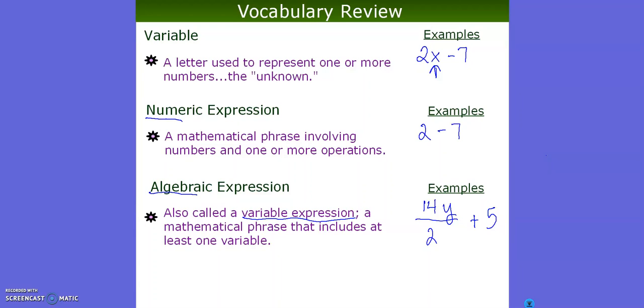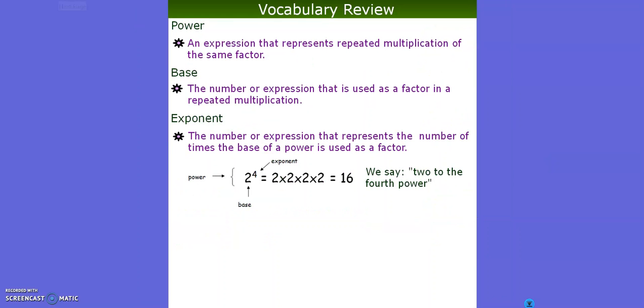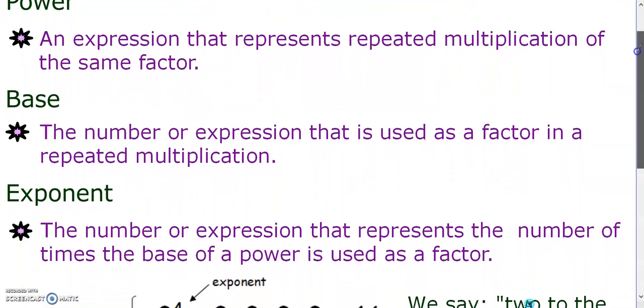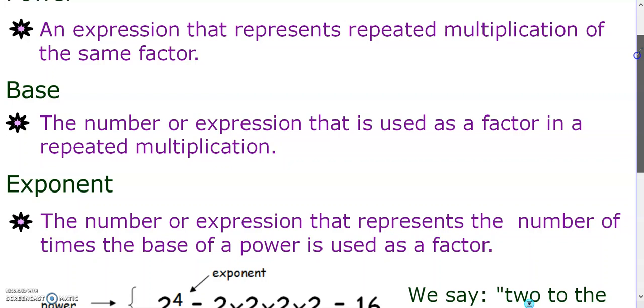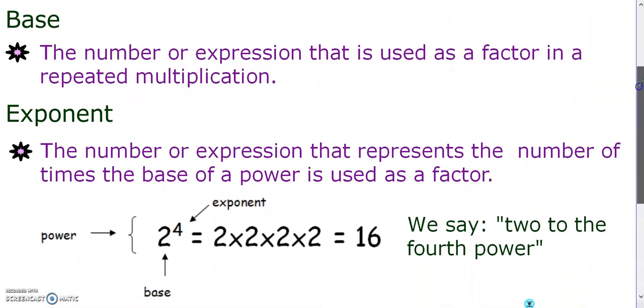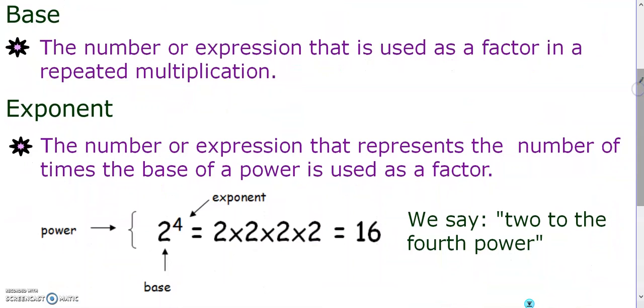Let's take a look at some more vocabulary. Here we have some powers. A power is an expression that represents repeated multiplication of the same factor. And a power is composed of both a base and an exponent. So let's take a look at our example here.